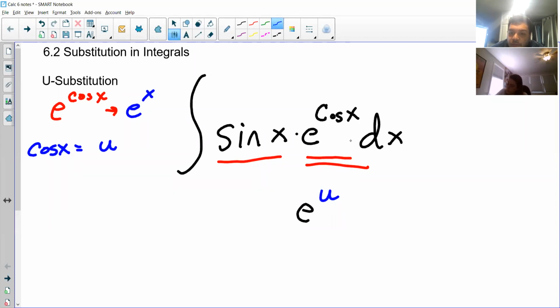But since we're dealing with integrals, when we plug in u, we also need du. So it's like the substitution. Before, you need u and what we usually call u prime. For these cases, I'll call it du, but we usually call it u prime. So we need the derivative of this. If I said cosine x equals u, then the derivative of u, which is considered du, should be the derivative of cosine x.